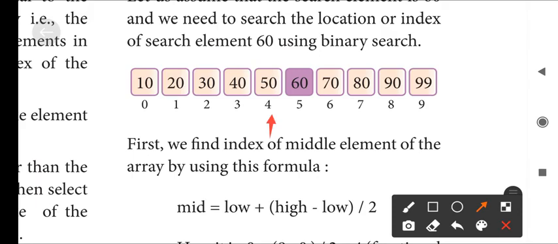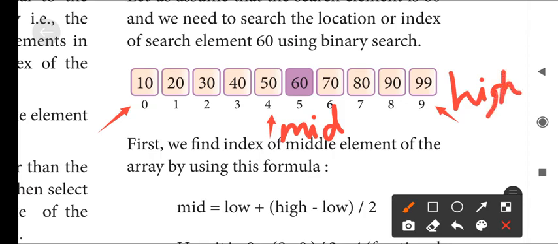50 is the mid value, this is the high value, and this is the low value.